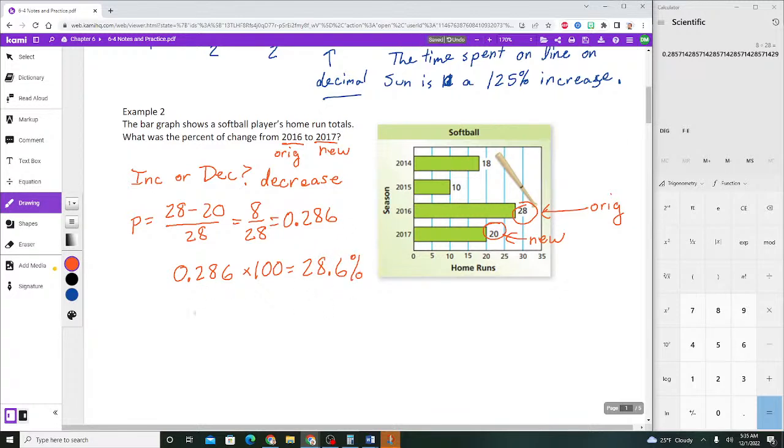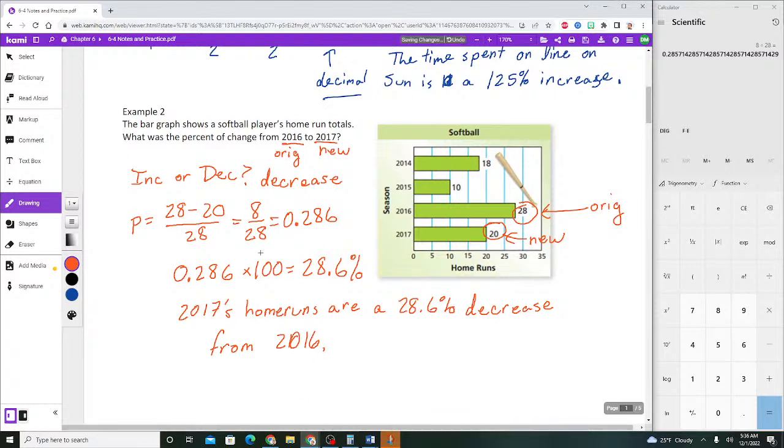So 2017's home runs are a 28.6% decrease from 2016.